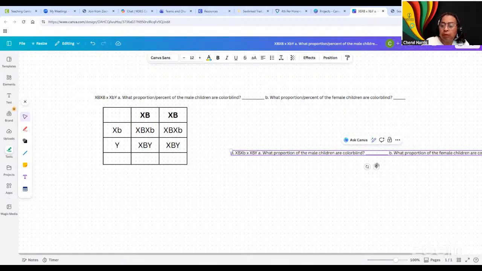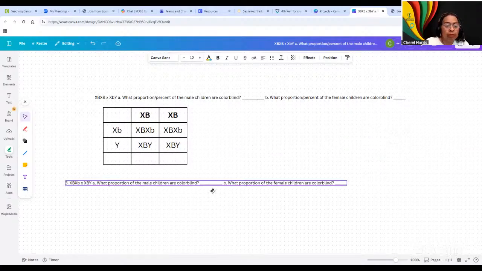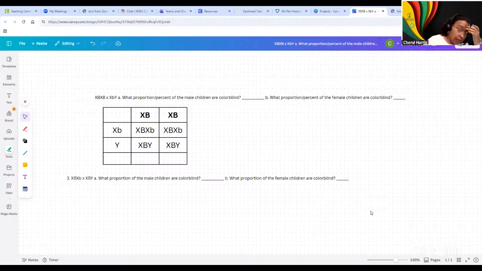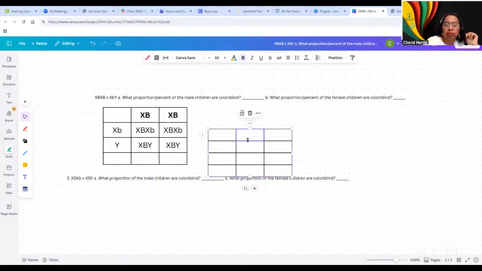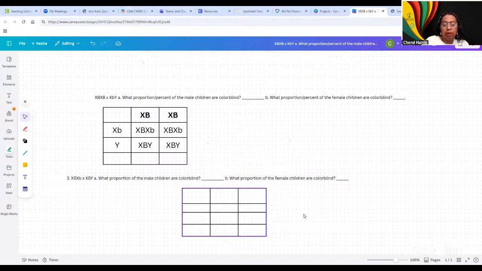Okay. And then I want that over here. And then I want to do the same thing here. I want to move that. Yep. Move that there. All right. And we're just going to ignore the box that we don't need to use.